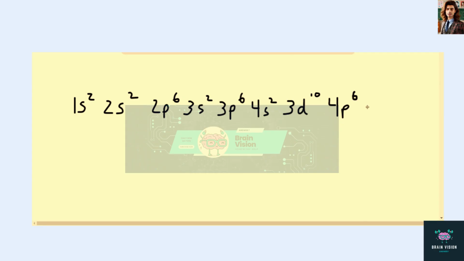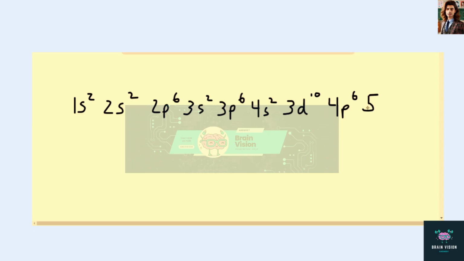And then before we go to 4d, we go to the 5s, right? Because 4d is 4 plus 2, which is 6, and 5s is 5 plus 0, which is just 5.